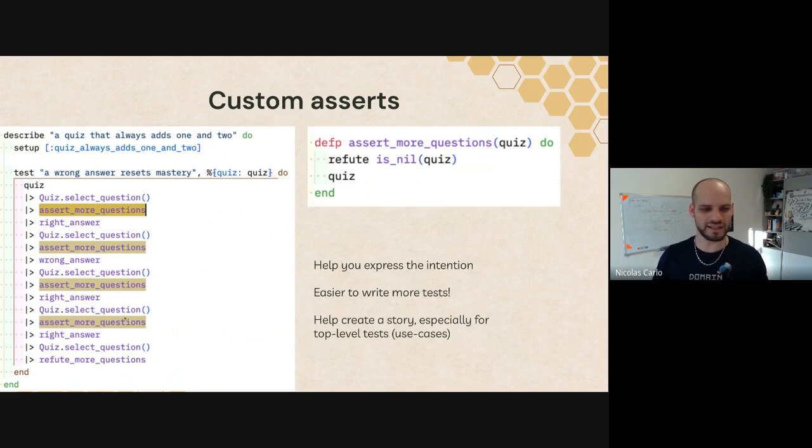I really like that you can follow this test, and it's a pipeline, and we're doing assertions along the way. And that assertion, if you look into it, is a simple refute is nil quiz, but it's much easier to read assert more questions, so we understand there are more questions, rather than knowing that no more questions will be the case when the quiz is nil. That is more of an implementation detail at this point.